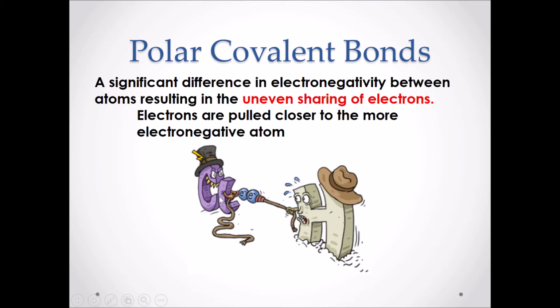Chlorine has a higher electronegativity. Therefore, it has a greater ability to pull electrons closer to its nucleus. The electrons in this bond will not be evenly shared. They will be closer to the end of the bond near chlorine, closer to the pole of the bond, making a polar covalent bond.